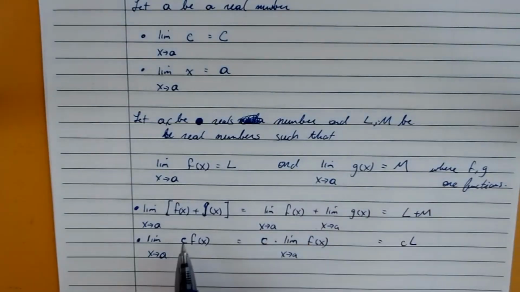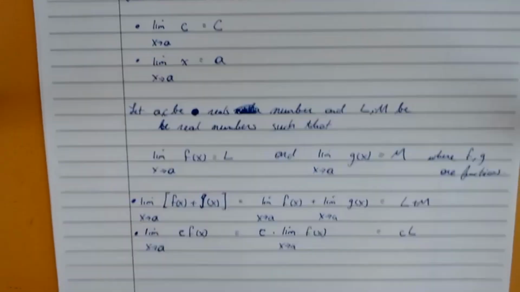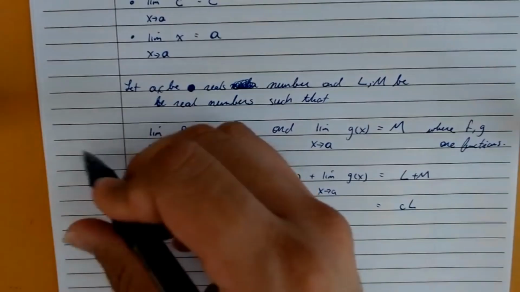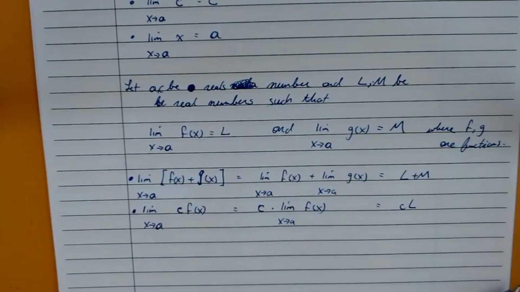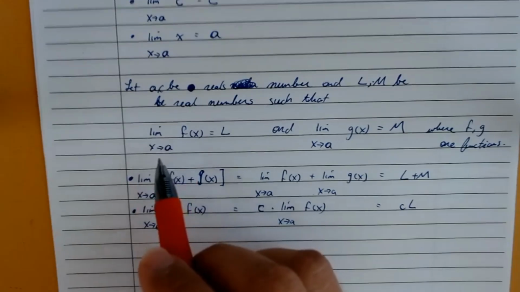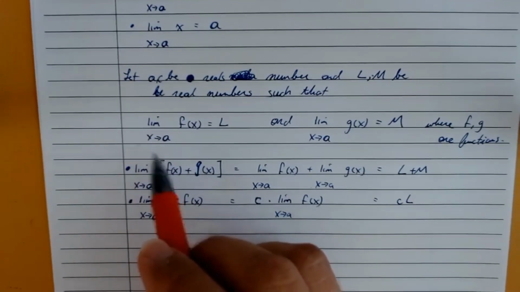So what this is saying is if I'm going to multiply this function by a constant, then I can either multiply by the constant first and then take a limit, or take a limit first and then multiply by the constant. And it makes no difference, I'll get the same answer. When you take these two properties together, any operation, and a limit is a type of operation, like saying I'm taking a square root, or I'm adding, or I'm taking a logarithm.